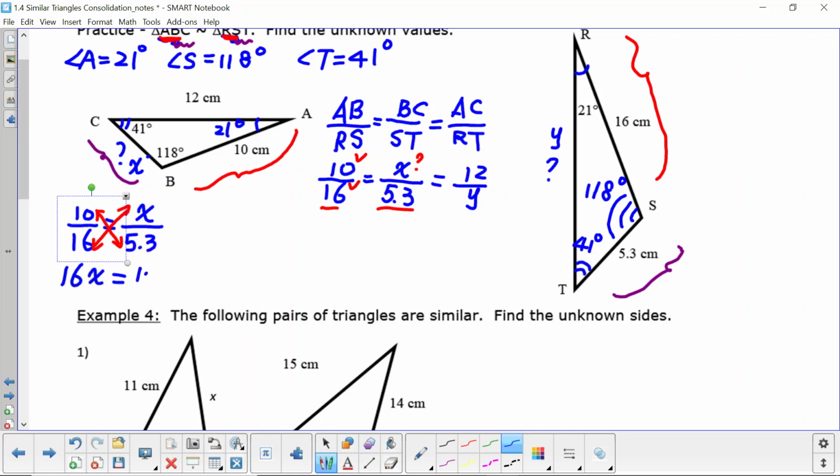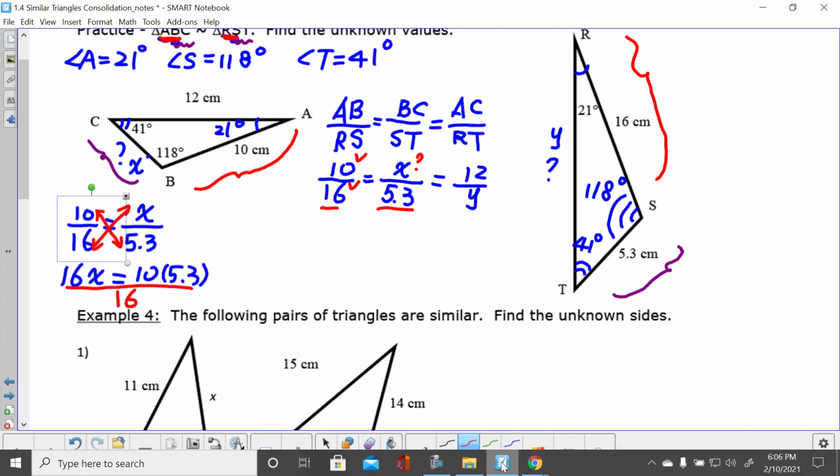So cross multiply is cross and times. Then in order to solve for x, we want to move the 16 to the other side. 16 times x, we move the 16 to the other side by doing the opposite operation, which is division. So divided by 16.